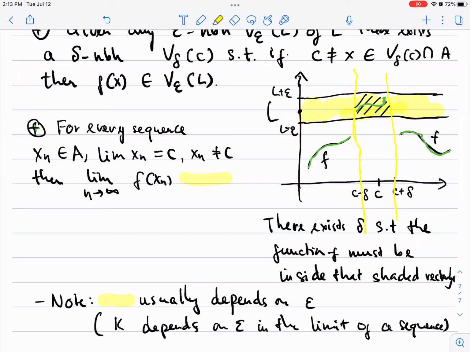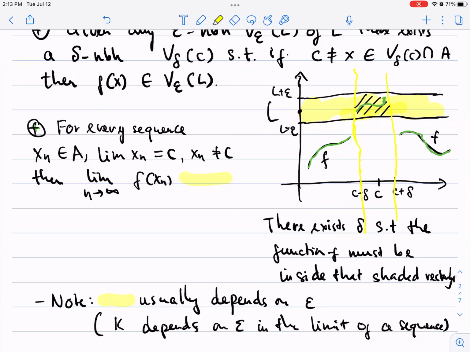Now, the statement says that there must be some delta neighborhood around the point c such that the function must be totally within this shaded rectangle. That is, the function could be somewhere outside of this delta neighborhood, but as long as the point is within this delta neighborhood, then the function must be within the shaded area.